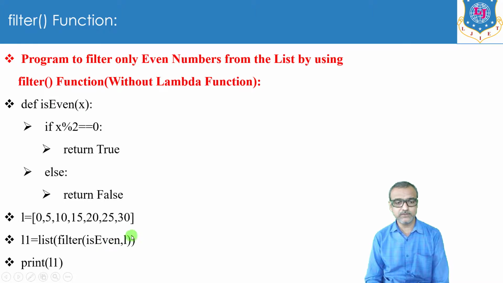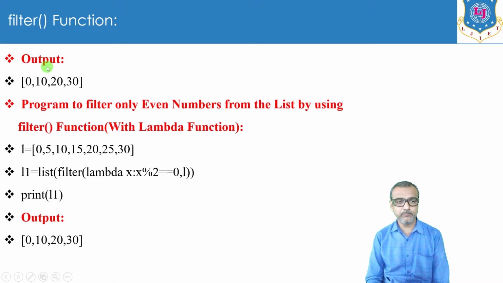So is even function will be applied on list L, that is this one. And then if we just apply print L1 statement, it will give us the even numbers from this list. And the even numbers are 0, 10, 20 and 30. So the output is 0, 10, 20, 30.